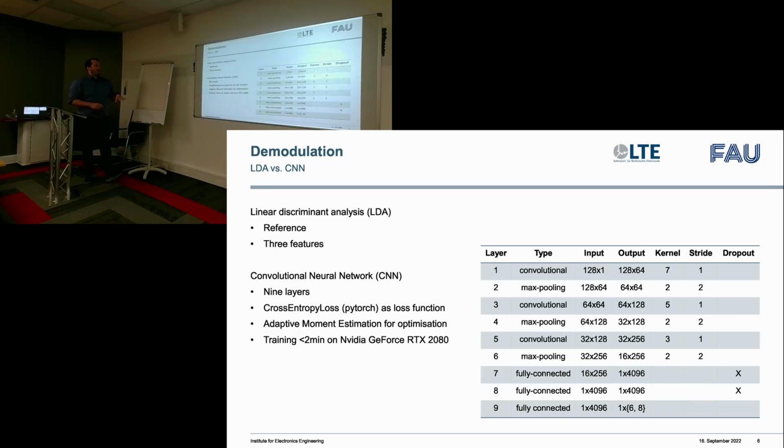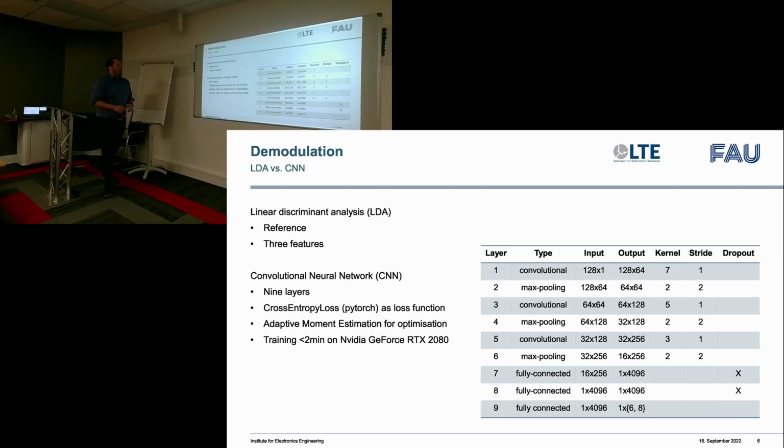Now, our convolutional neural network has 9 layers. This is a, let's say, default setup. It makes it simple: 3 convolutional layers, 3 max pooling layers, 3 fully connected layers. We use a cross entropy loss function to determine our signal loss, and an add-on for optimization.